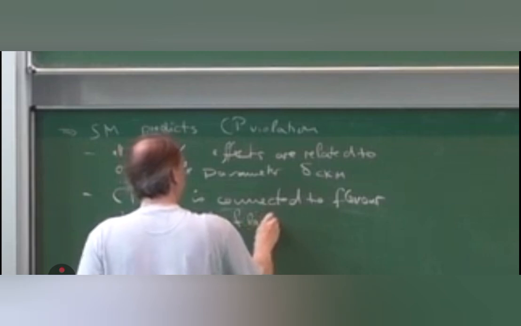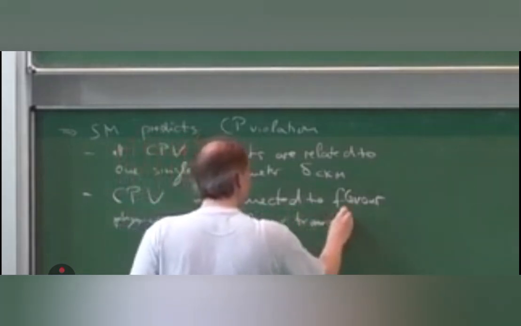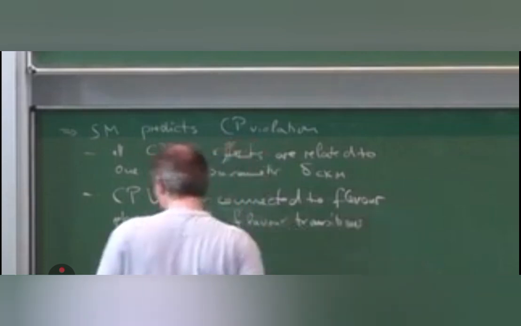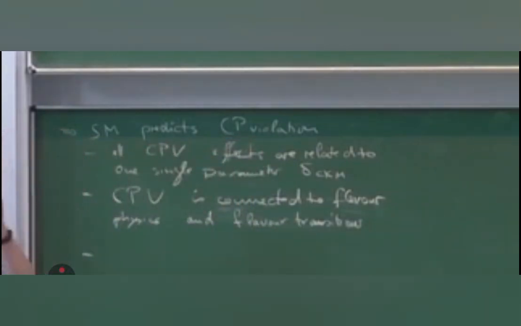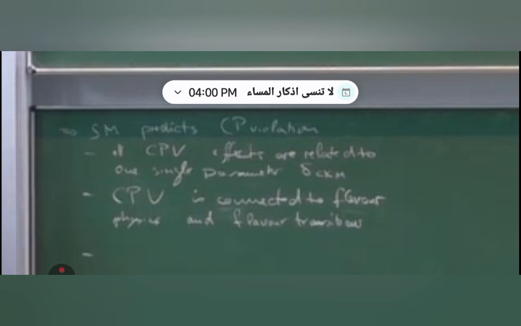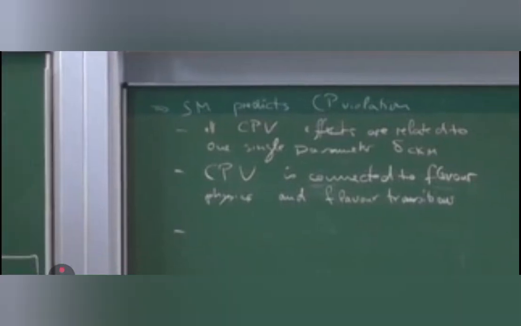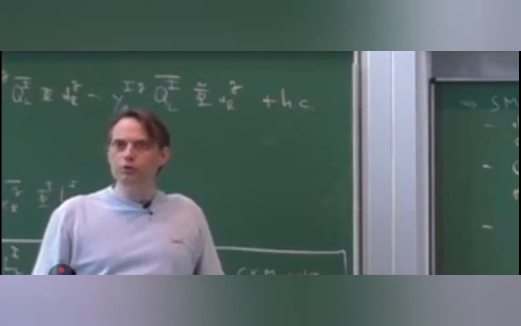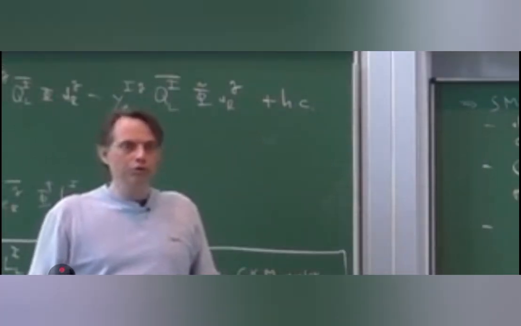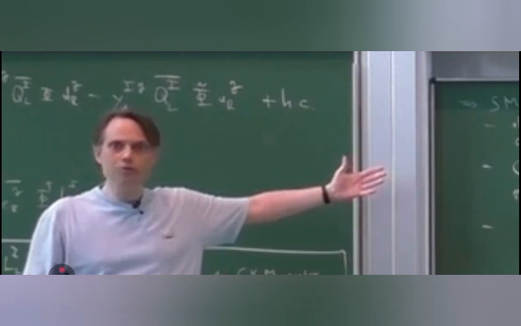Flavor transitions. So in particular, if you have a process where in principle the process could be mediated or could exist even if there would be only one generation, then that process cannot feel the CP violation of the standard model.